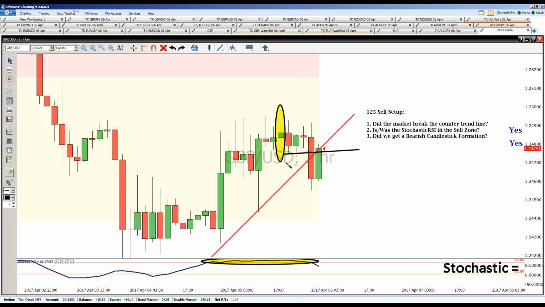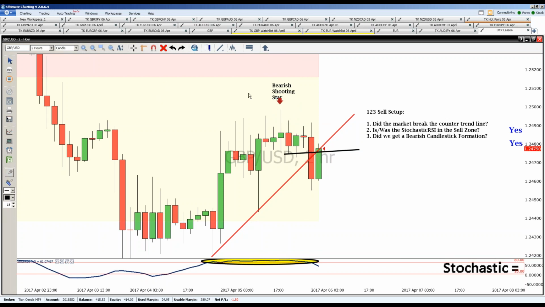Who can tell me what candlestick formation that is? Okay, so this is a bearish candlestick formation. If you feel unsure, because this one seems like a bearish shooting star. This one over here, a bearish shooting star. Let me place a down arrow over here.